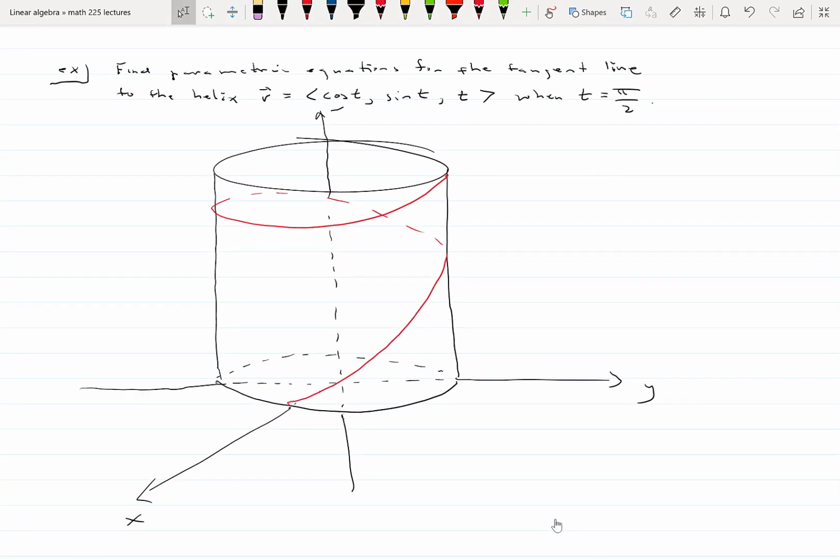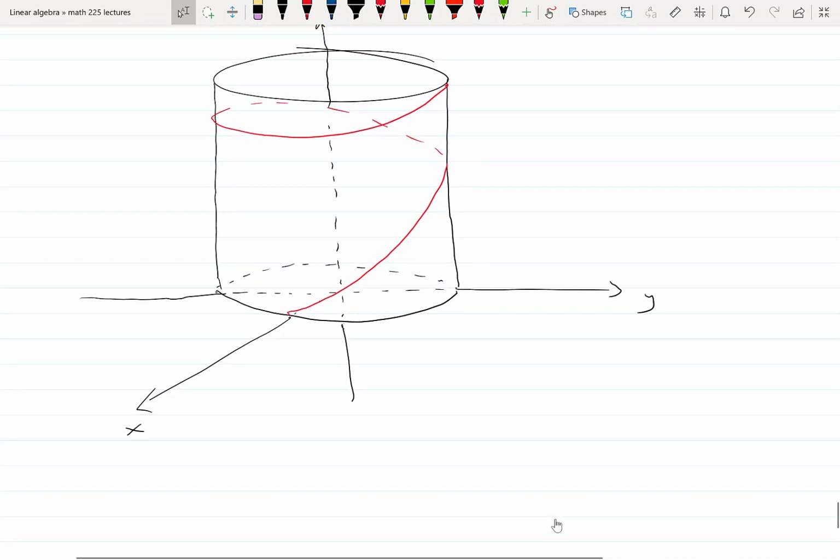Well, if you're interested in any line, you need two things. You need a point and a direction. So let's identify those things. You need a point, or an initial position vector, R sub 0.